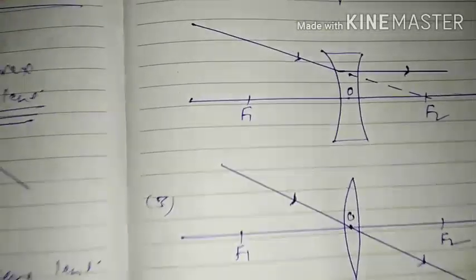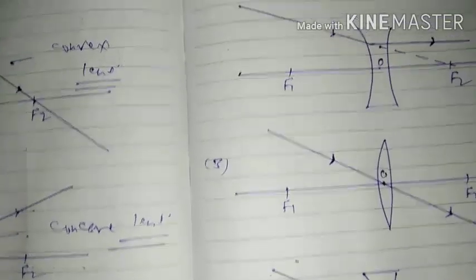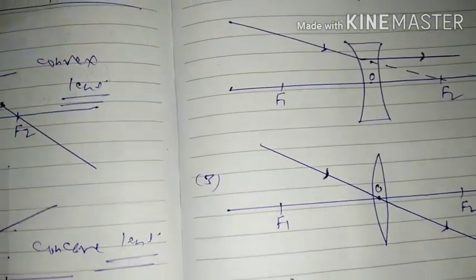So, out of these three, we can use any two rules to represent image formation for spherical lenses.